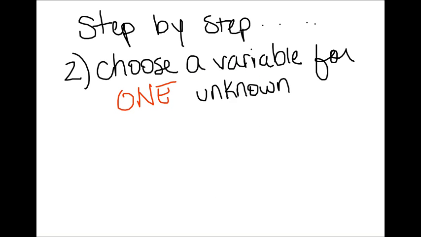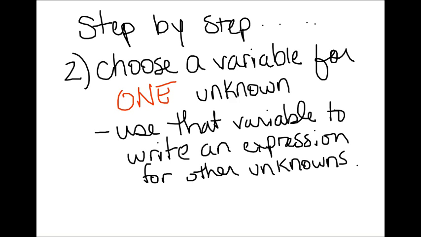Now you want to choose a variable for one of the unknowns, because oftentimes we might not know a lot of things, but we want to write the variable for one of the unknowns. And then we want to use that variable to write an expression for the other unknowns.